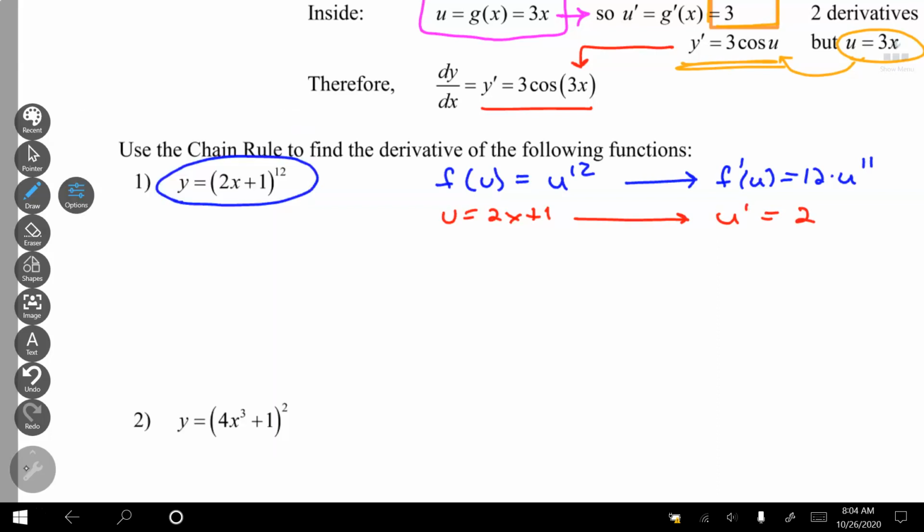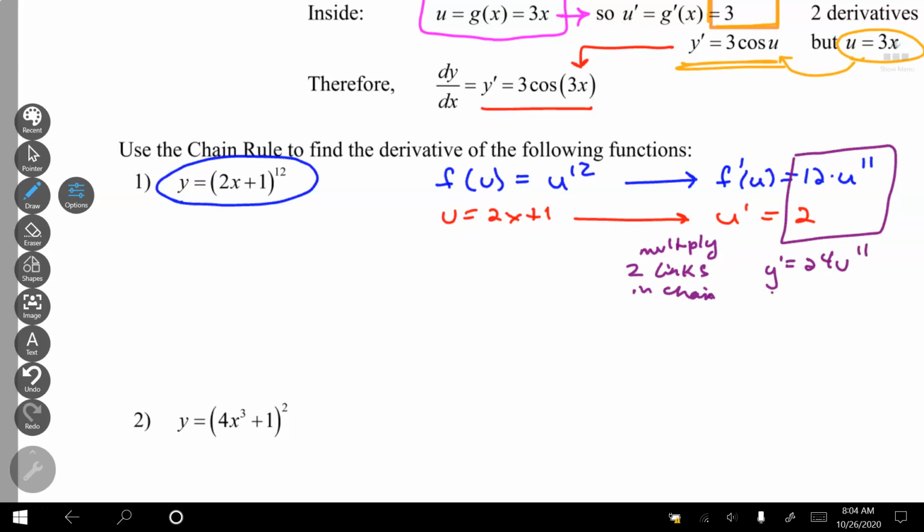What am I going to do? I'm going to multiply these two links in the chain. I get the whole derivative is equal to 24u to the 11th.